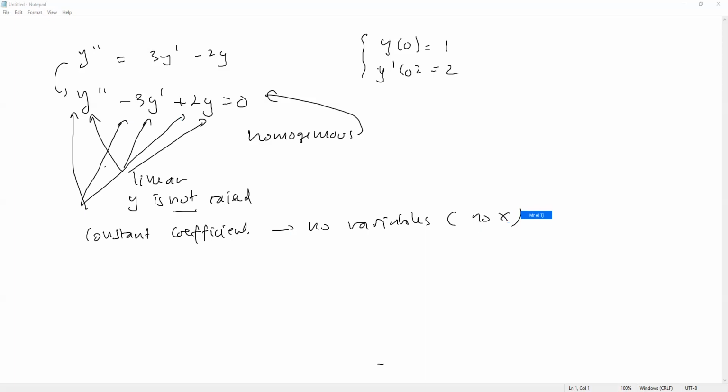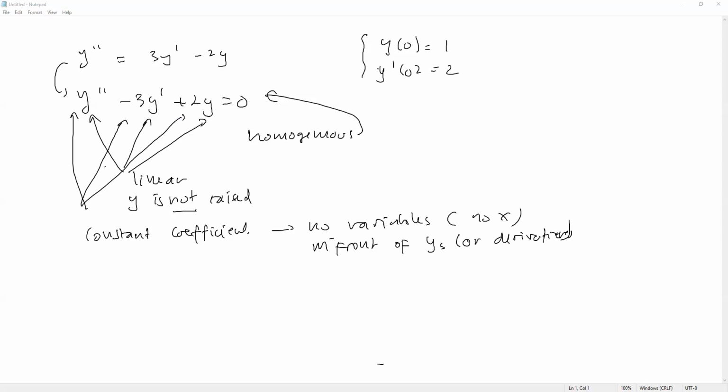No x in front of y or its derivatives. So we have a differential equation of order 2, homogeneous, linear, and also constant coefficient. Those are the requirements in exercise 4.